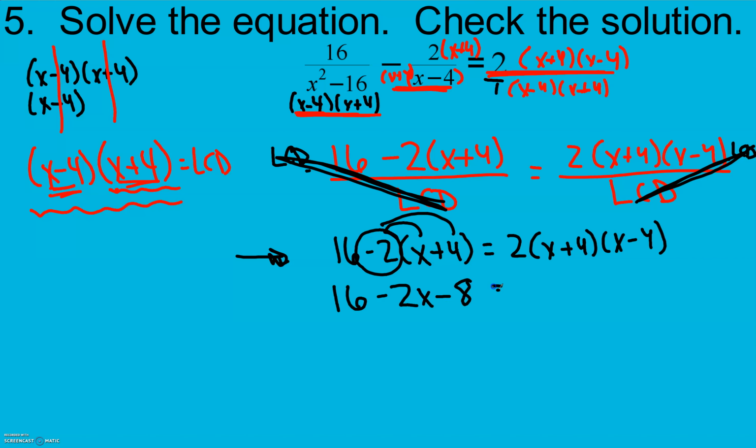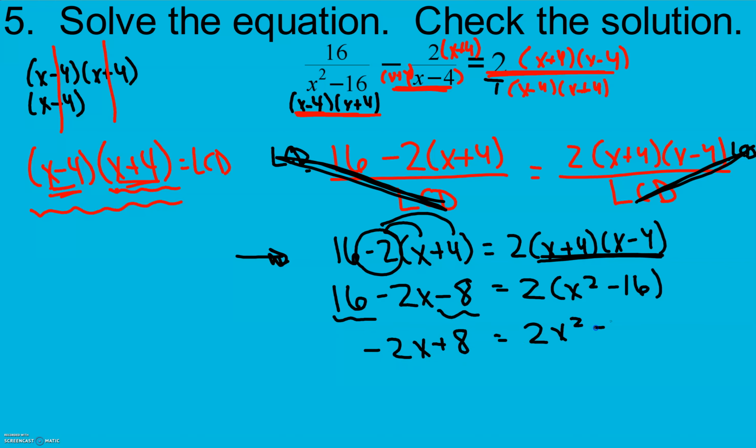Distribute on the left. FOIL first on the right, which is going to get me back to that x squared minus 16. Combine like terms. And distribute. I'm going to get it set equal to 0 because it's quadratic.